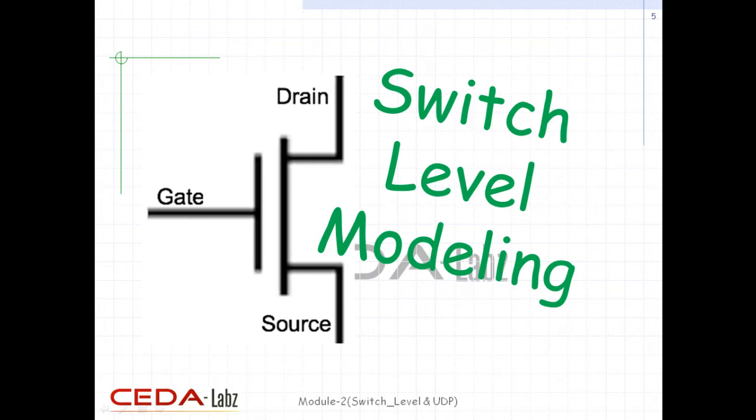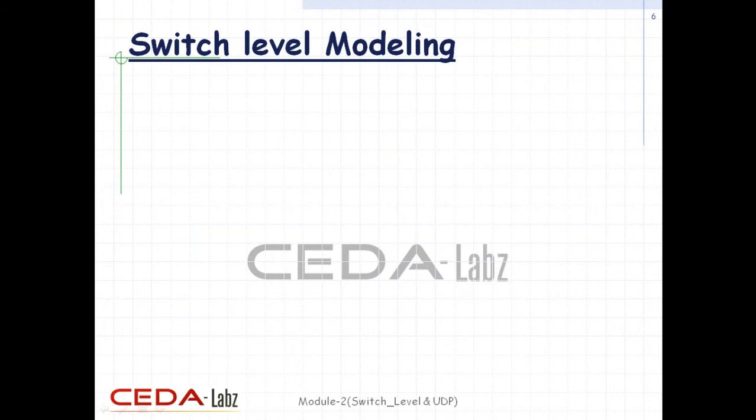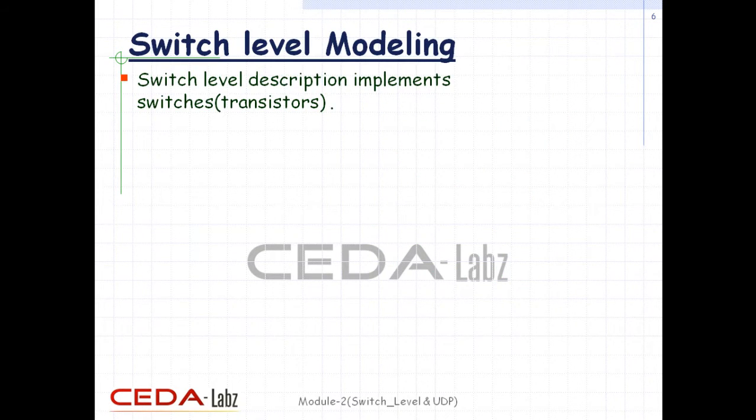Thus, in Verilog HDL, transistors are also known as switches that either conduct or are open. In this tutorial, we discuss the basic principles of switch level modeling. Switch level description implements switches or transistors to describe relatively small-scale digital systems.